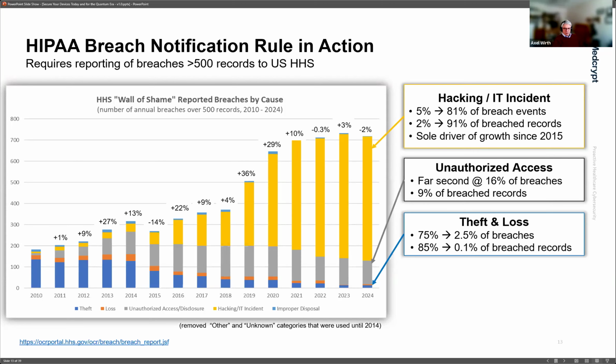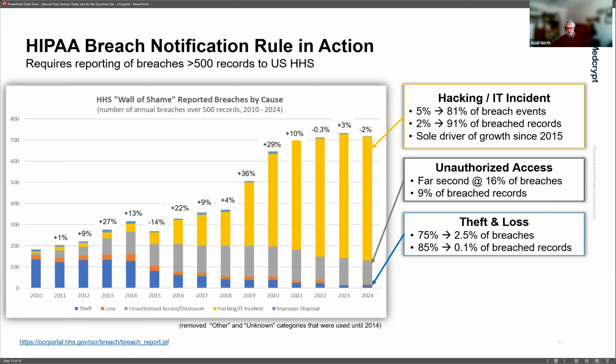So what we see here, first of all, since 2010, since we have full year reporting, we've seen a steady increase of reported breaches. In a given year, between 75 and 80% of those breaches are healthcare providers. Others are insurers, clearinghouses, business associates, and so forth. But providers typically account for the largest number of breaches here.